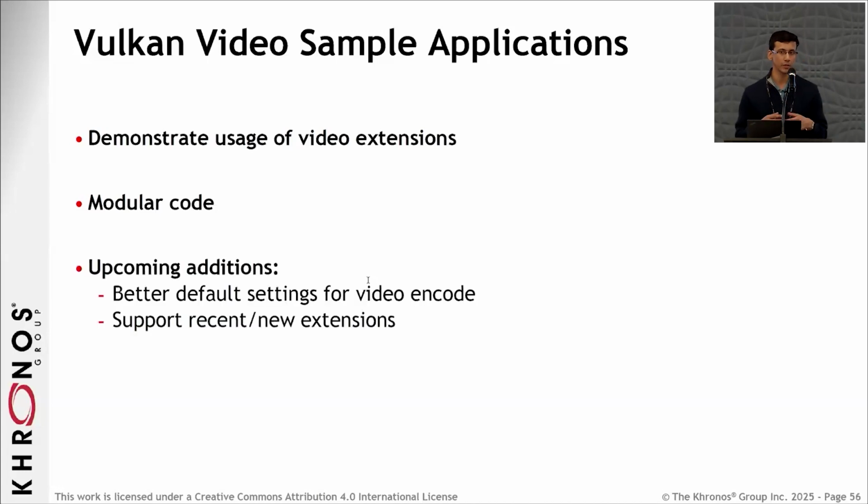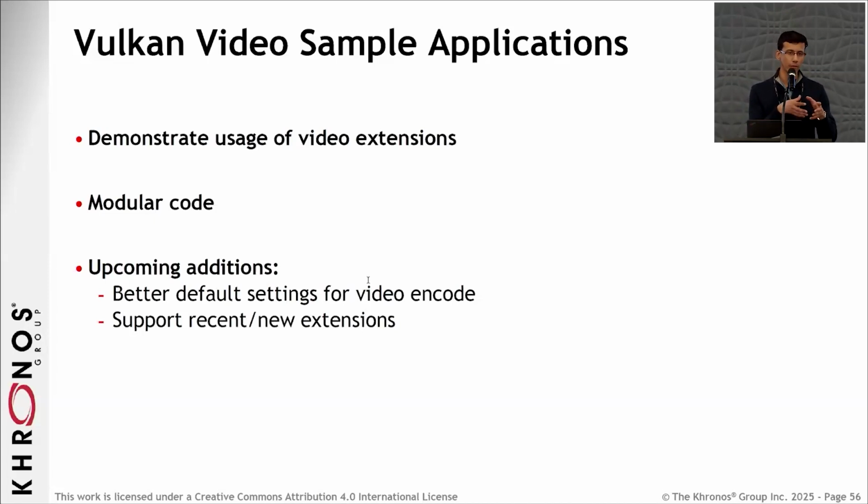And we have some additions planned for the sample applications. We are, of course, going to add support for the extensions as and when they come along. But one other thing that we have planned is for video encode. The Vulkan API already has a way for the drivers to report, depending on the use case, what a good list of settings is, because different encoding implementations have different requirements.